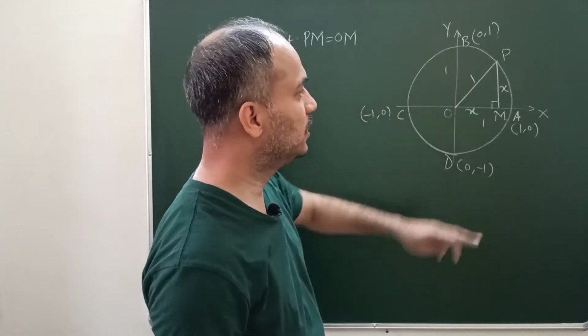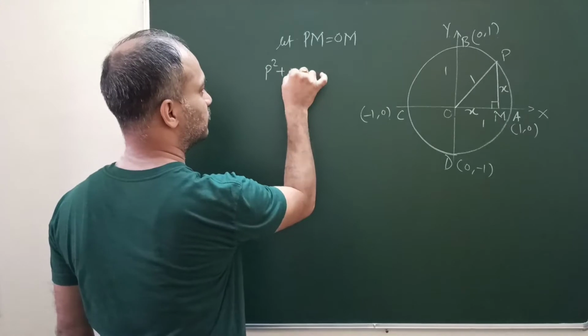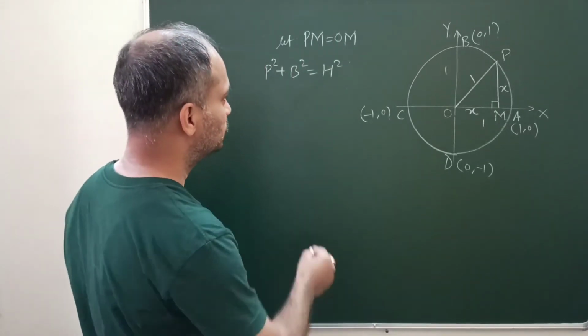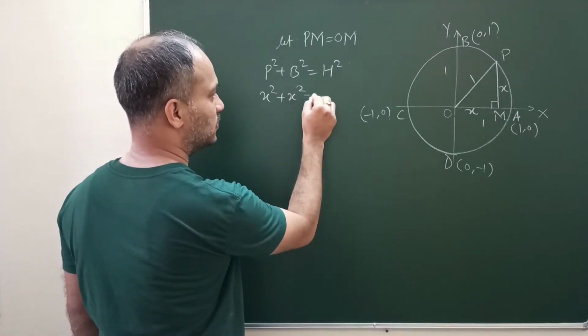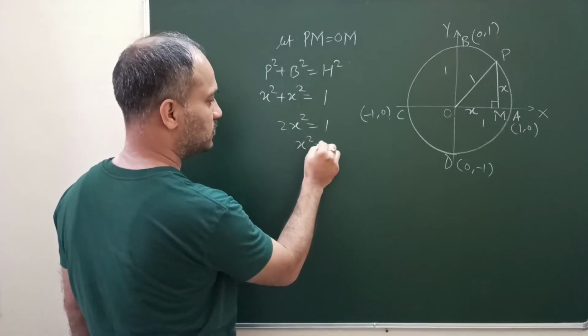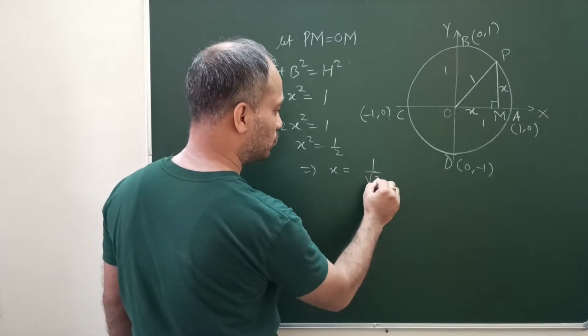So in this triangle we can see, if we apply the Pythagoras theorem, then p square plus b square is equal to h square. Now let us put the values. x square plus x square gives us 1. So 2x square is equal to 1, so x square is equal to 1 upon 2, or x is equal to plus and minus 1 upon root 2.